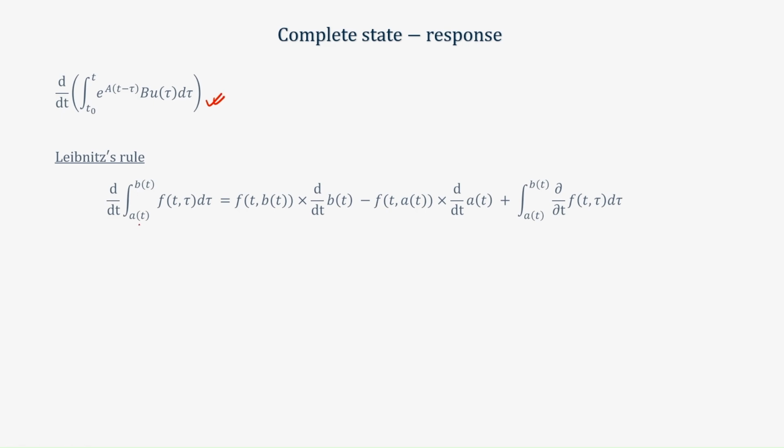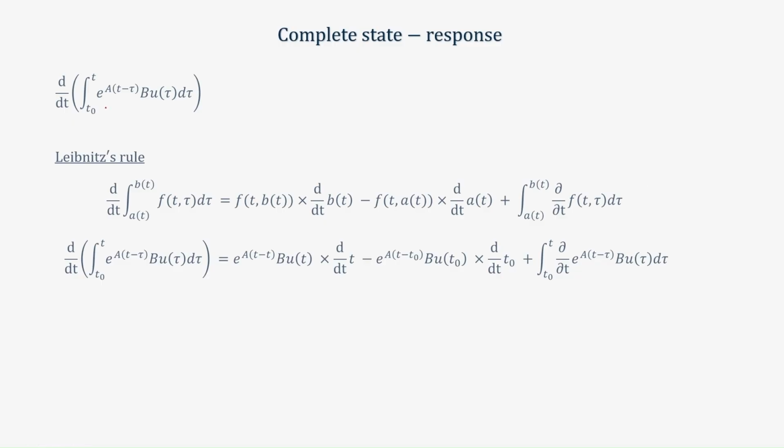So, d/dt of the integral from a(t) to b(t) of f(t, tau) d tau can be written down in this form. Now, let us see how this expression fits into the Leibniz theorem. You can see that here a(t) is t naught, b(t) is t, and the function here is this expression.